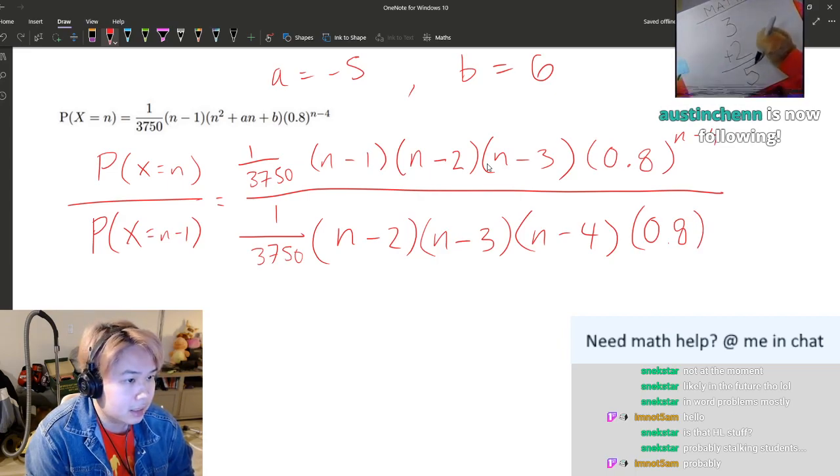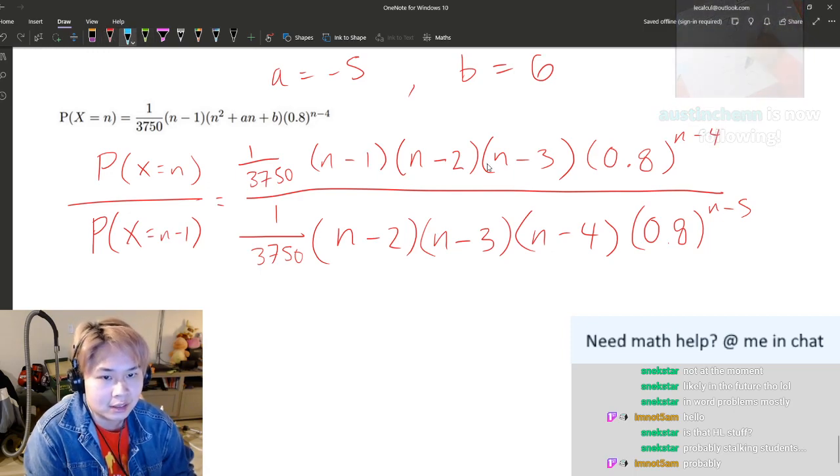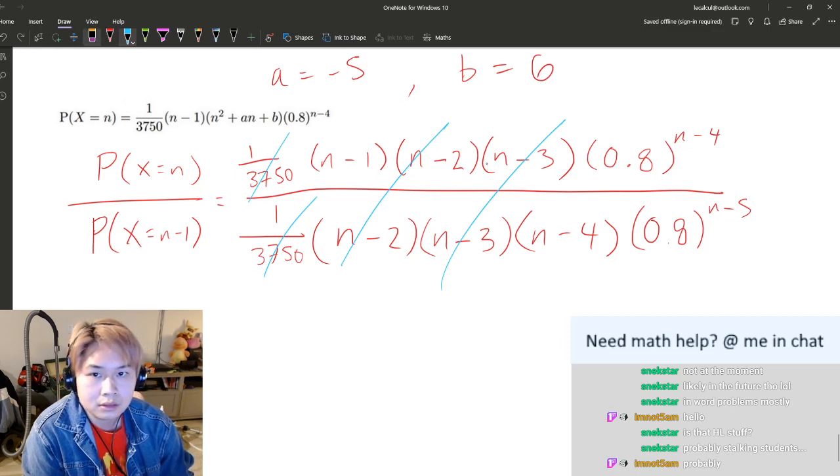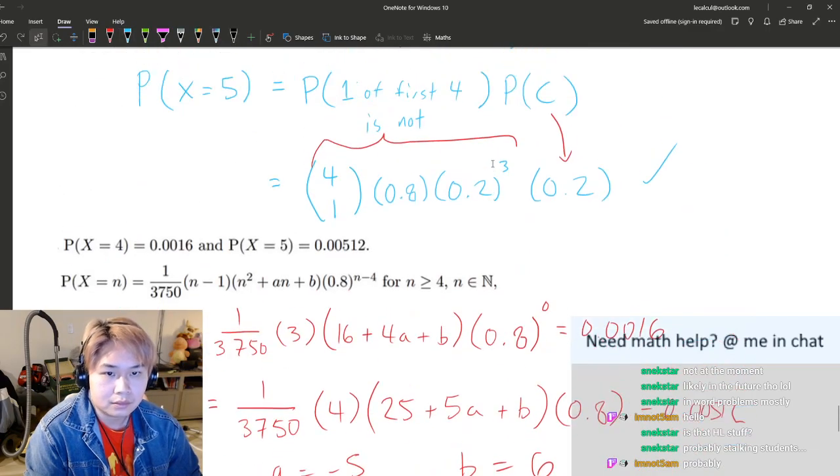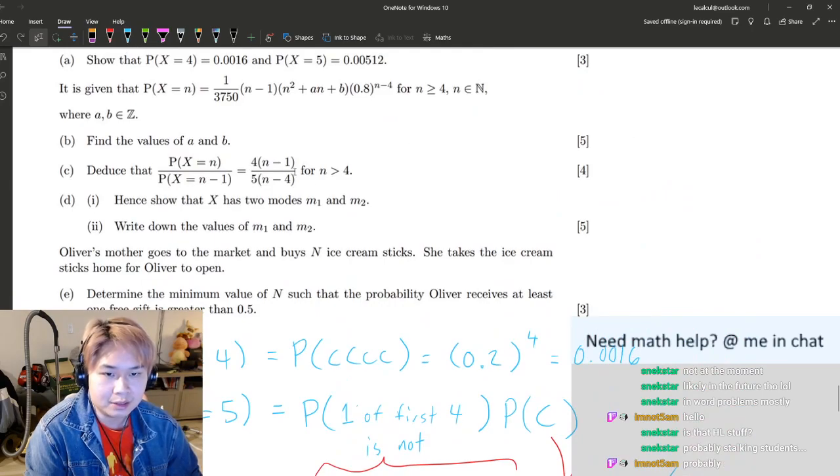And then n minus 4 becomes n minus 5. And then lots of things cancel out here. And this one and this one? Wait, no, this one and this one. So what am I supposed to show? That it becomes 4 over 5?